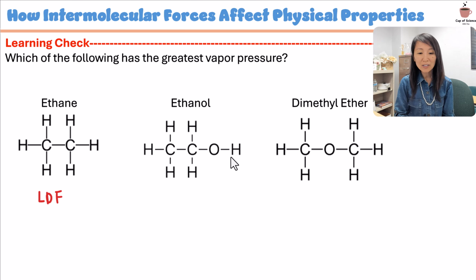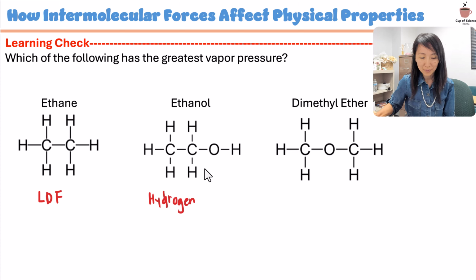That oxygen being directly attached to hydrogen can participate in hydrogen bonding. Not only that, it can also participate in London dispersion forces, as all non-polar and polar substances can participate in London dispersion forces. This one, ethane, is only LDF. That's because it's a hydrocarbon, a fully nonpolar substance.